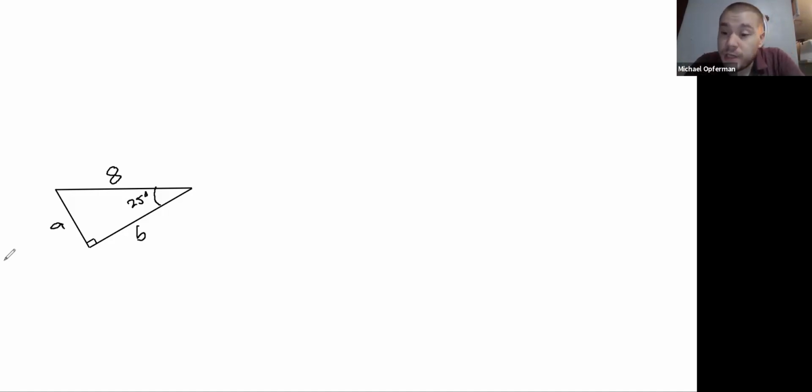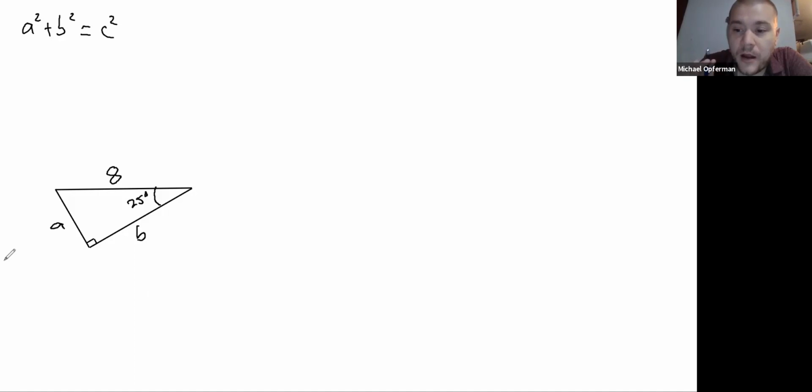When you have this kind of problem, you have 4 basic tools at your disposal in trigonometry. You've got the Pythagorean Theorem, which says that a squared plus b squared equals c squared. And the important thing to remember is that c is always the side opposite the right angle.